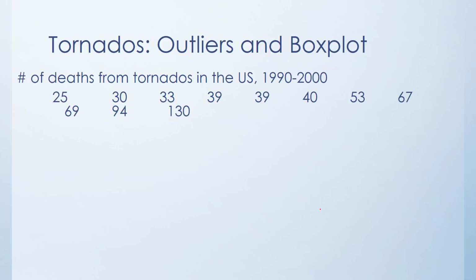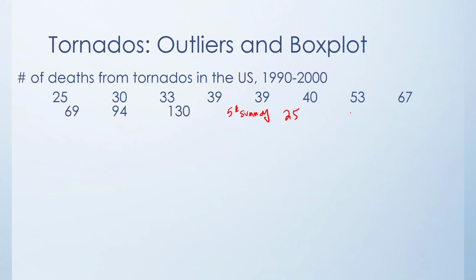We have our tornado deaths again. This is the deaths each year from tornadoes in the US from 1990 to 2000. In an earlier example, we had found the 5-number summary. Let me double check these.